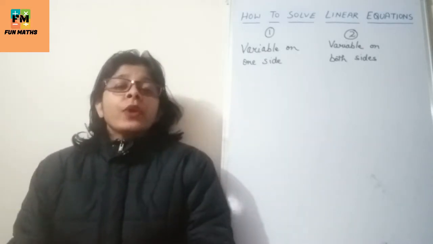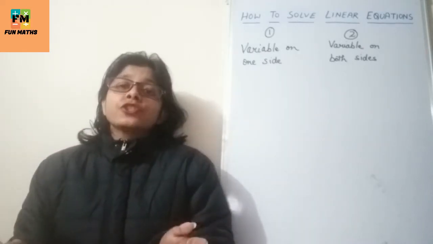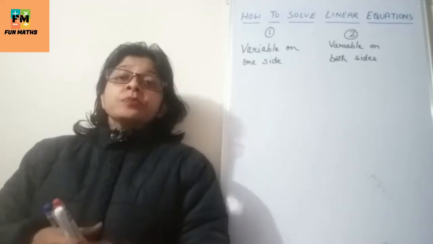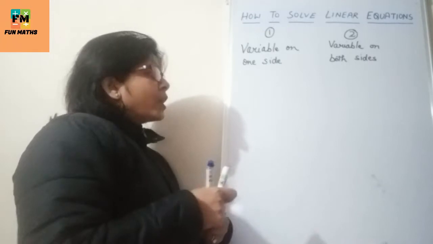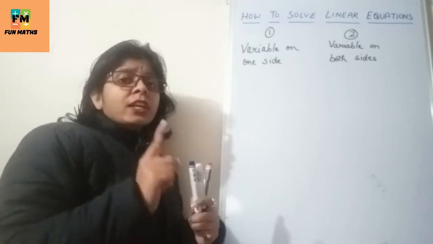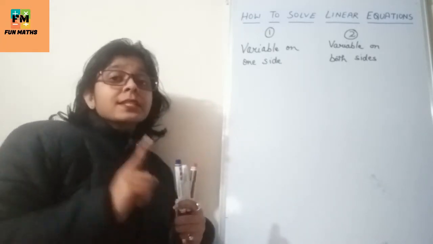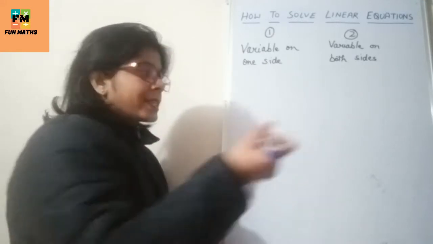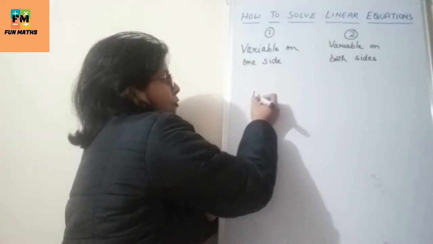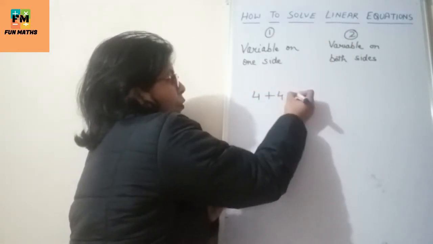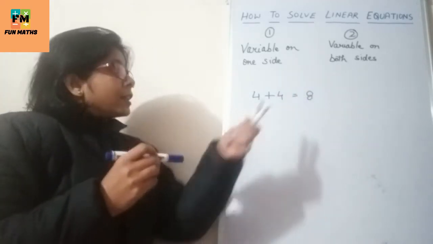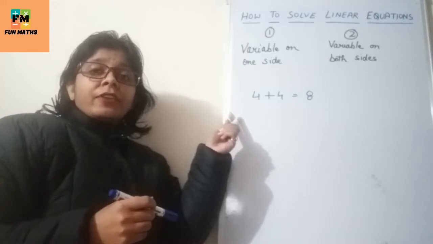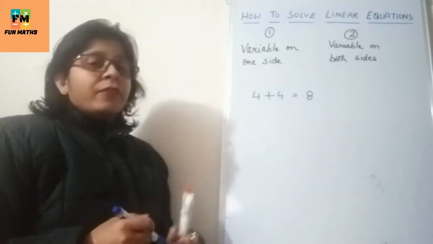An equation is also like that. To make an equation true, both sides should be equal. Now, equal doesn't mean that it looks the same. Equal means the value should be the same. For example, 4 plus 4 is equal to 8. On the left-hand side we have written 4 plus 4, and on the right-hand side we have written 8.